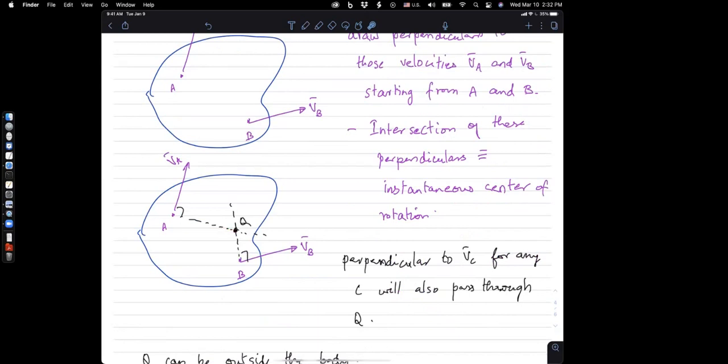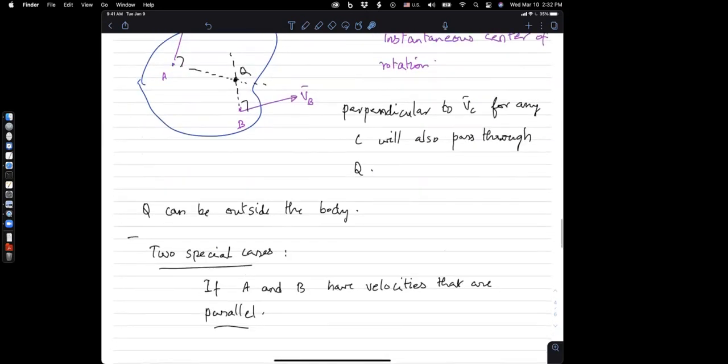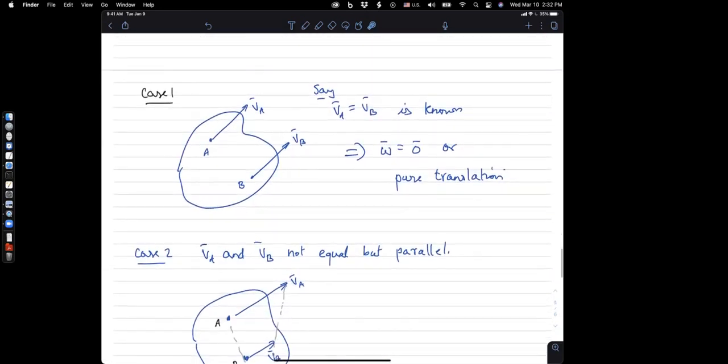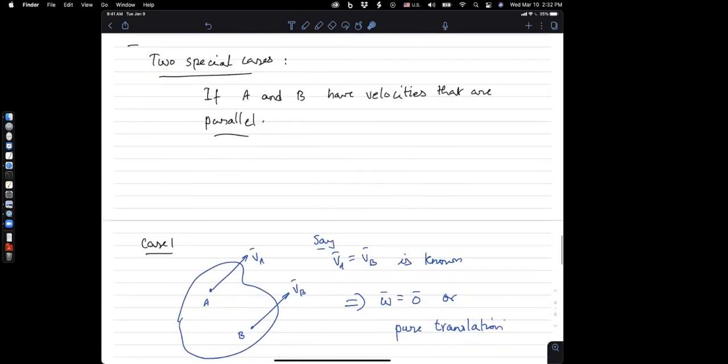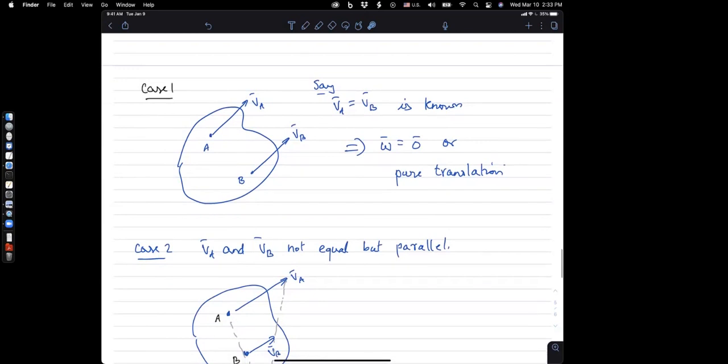Where they intersect is the center of rotation. And a special case where this will not quite work is if VA and VB are parallel, because if you draw perpendiculars, the perpendiculars will be identical. So they intersect along a whole line, or they will be parallel. Anyway, if VA equals VB, then it is pure translation.